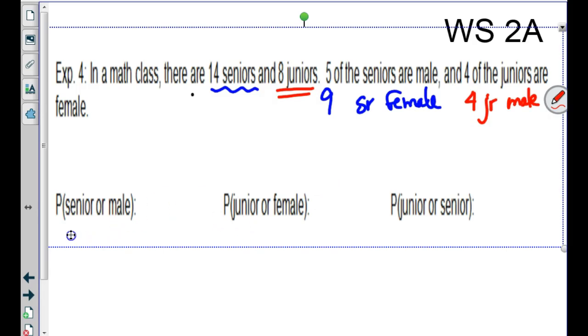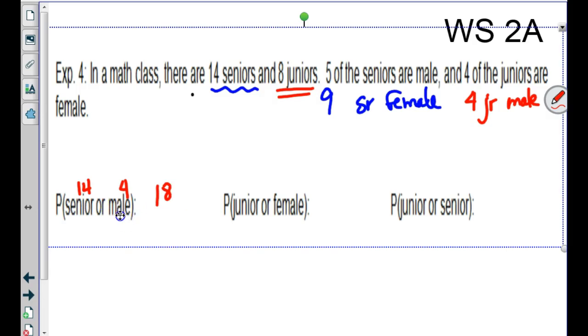So what is the probability we pick someone out of the class and they're a senior or male? Well, how many seniors are there total? And how many additional junior males are there? 4, right? So that's a total of 18 are seniors or male.